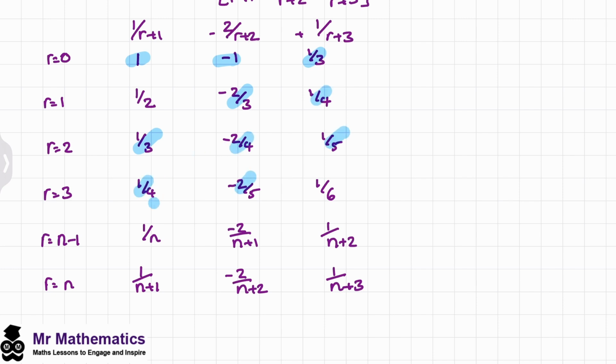This will be the term after 1/4. And then this term will cancel with this term, which will be the term 1 above this one. So these will cancel as well. And then you can see we've got positive 1/n plus 2 minus 2/n plus 2. So these will simplify to make minus 1/n plus 2.